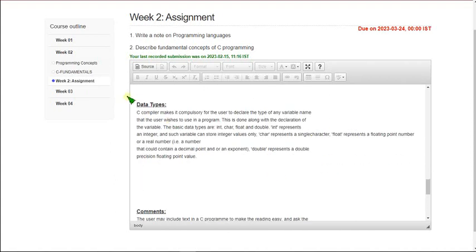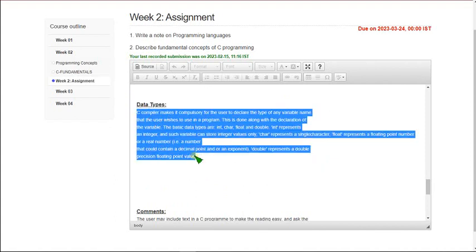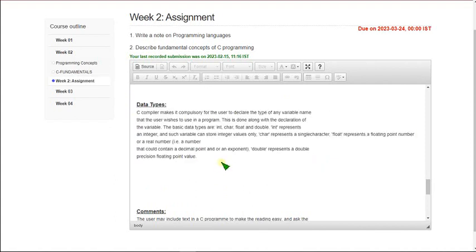I am moving to the next one. The next concept is data types. Note this entire paragraph. In C, the compiler makes it compulsory to declare the type of the variable. It means whether it is an integer; if integer, we use the int keyword.